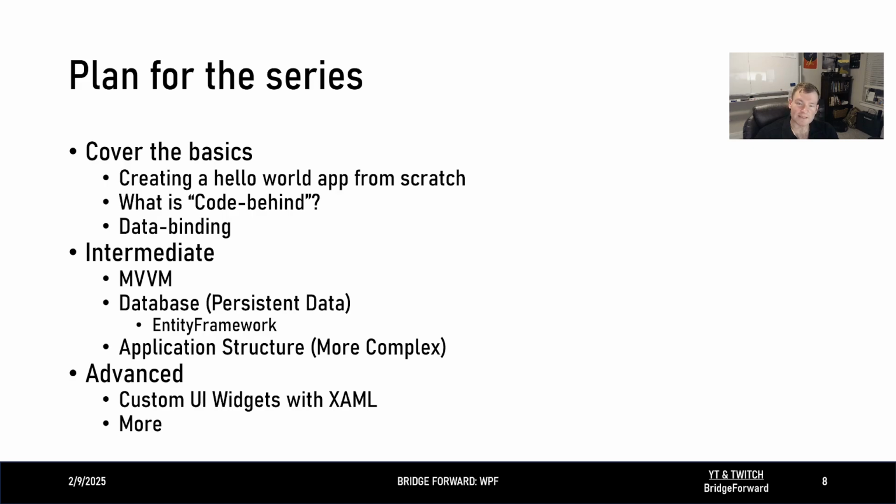And data binding is a key aspect of that. The next bullet point, which is database, persistent data, it's really not an intermediate topic. It can be, and there's a lot of intermediate subjects that are related to databases, but using Entity Framework and getting into that, I want to save that for that part of the series.